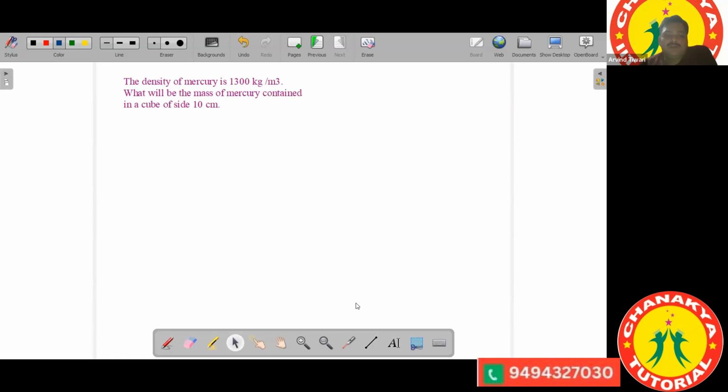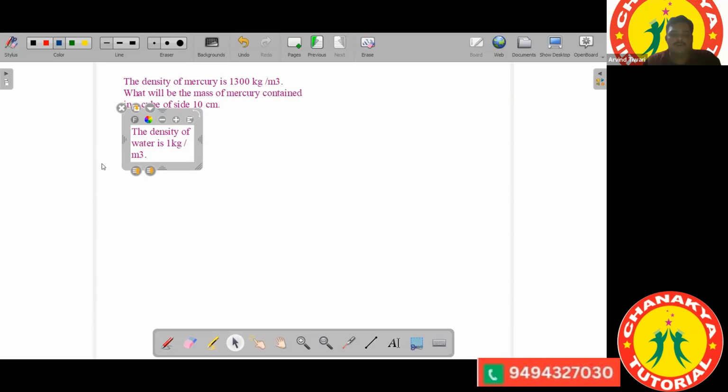So let's hear another question, and let's see who is able to do this one. The density of water is 1 kilogram per meter cube.